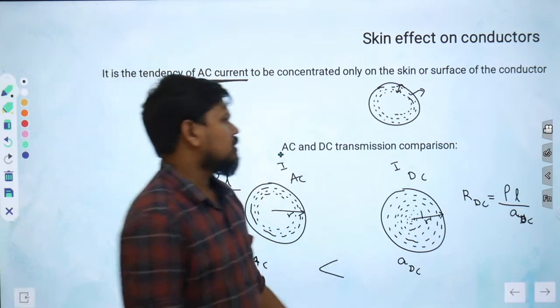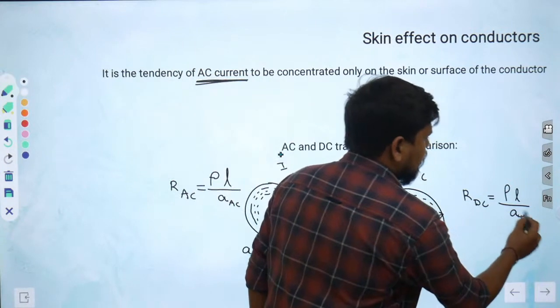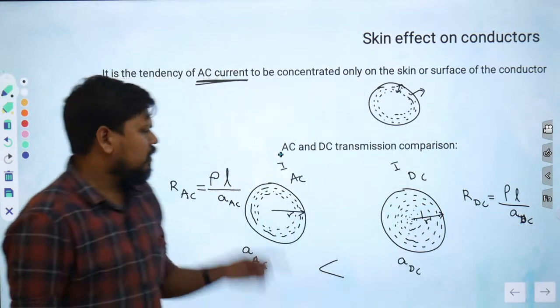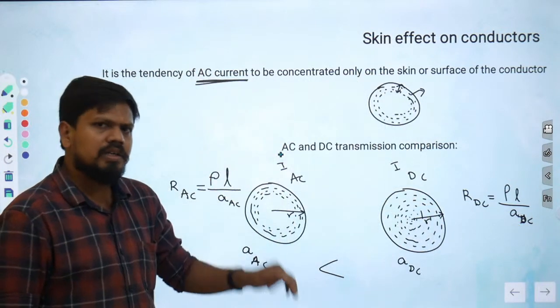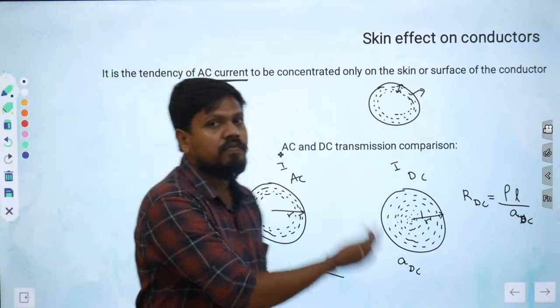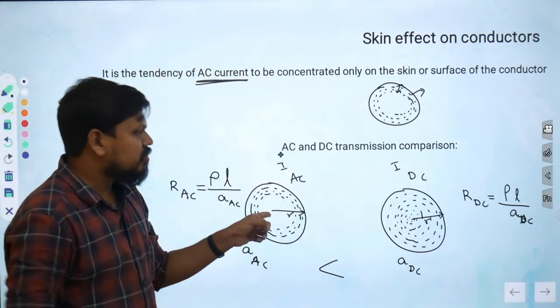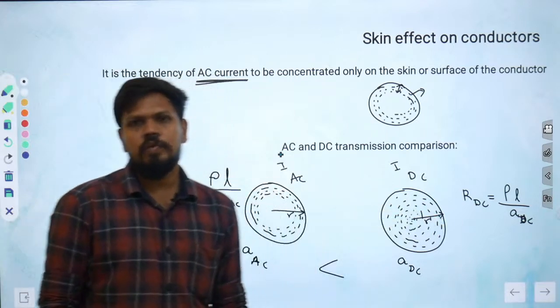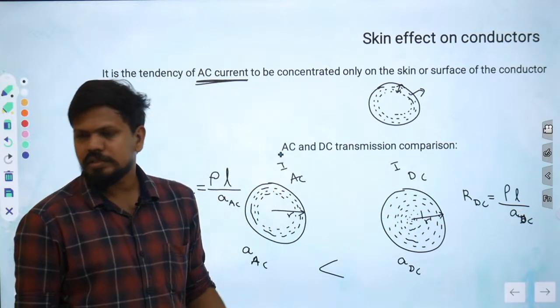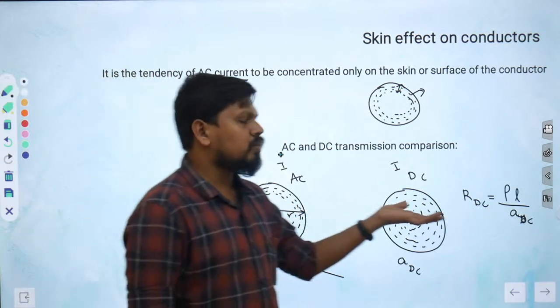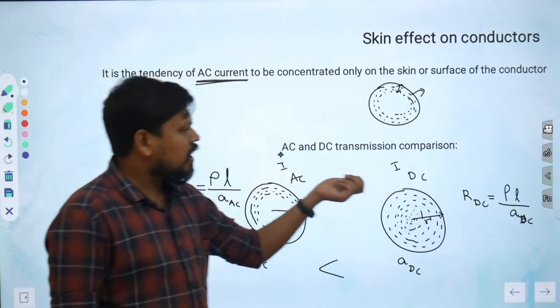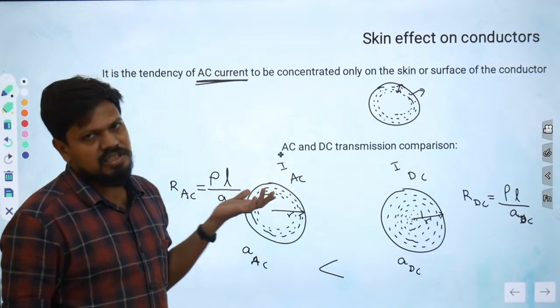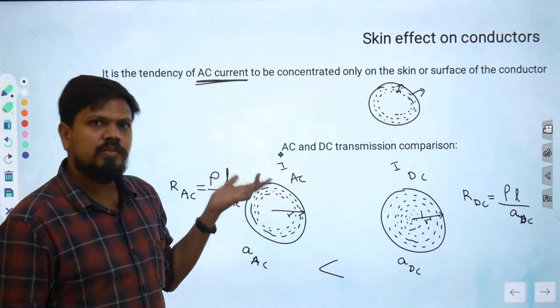So if the area of cross section is changing, we need to check the resistivity of the conductor also, whether it is the same or different. This is an aluminum conductor only, and this is also an aluminum conductor only. Whenever these two are aluminum conductors, definitely you can get one point: the resistivity of the DC conductor and the resistivity of the AC conductor will be the same.